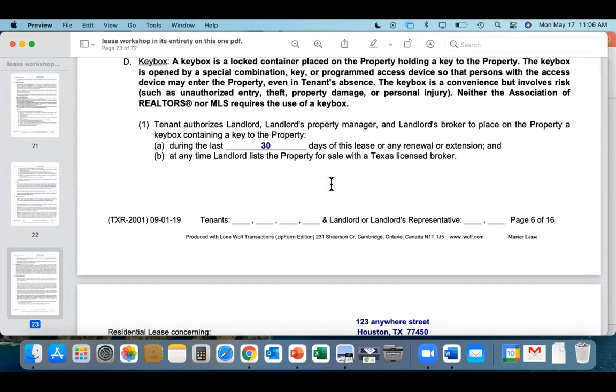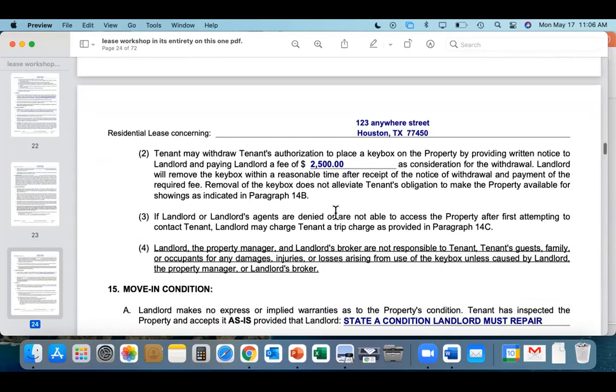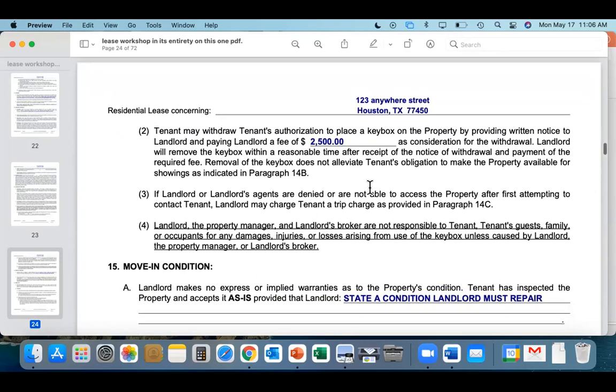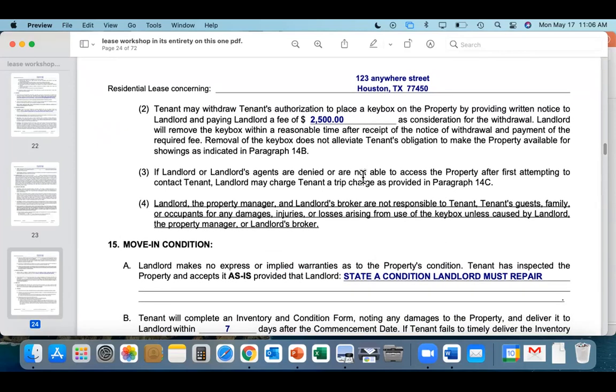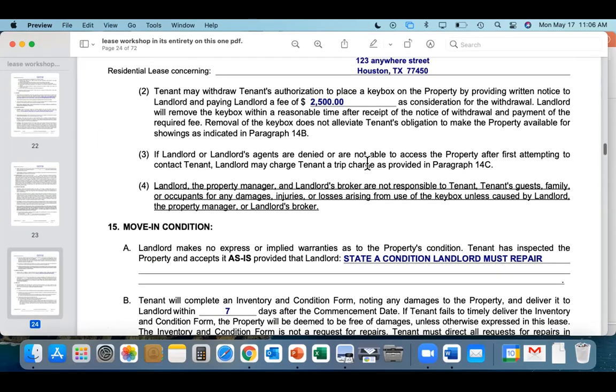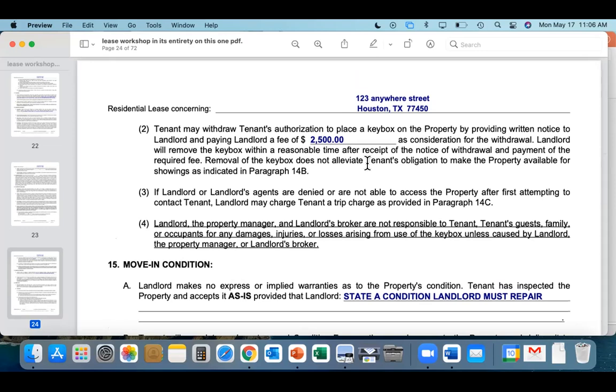And we could cite that, well, you did agree to it in your lease agreement. So we do have two. Tenant may withdraw the authorization to place the key box on the property, but pay the landlord a fee to do so. We make this an exorbitant 1 month's rent, so it kind of takes away the incentive for them to want to do that.